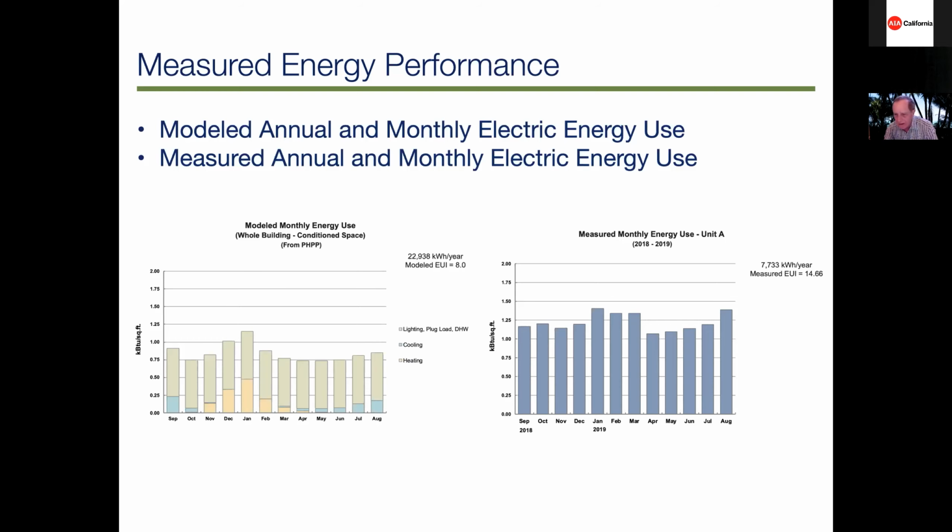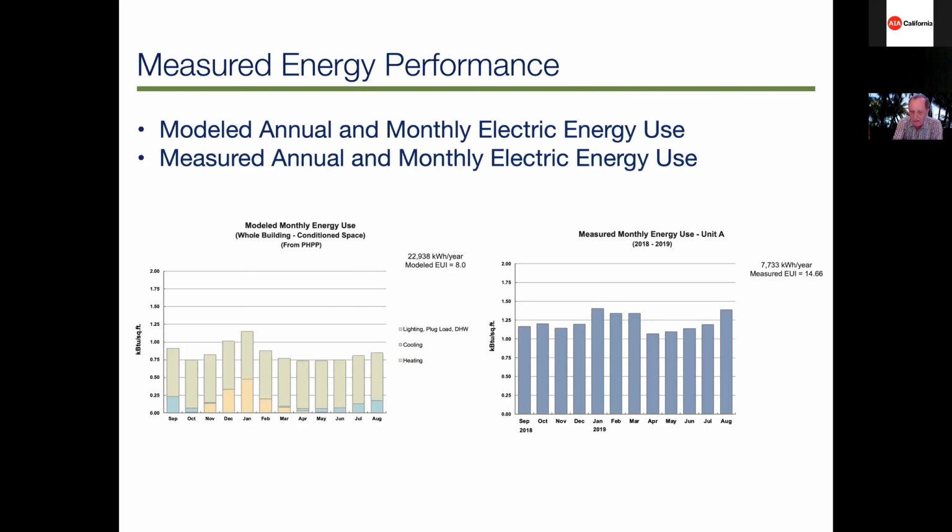If you take 8 kilowatt hours of actual data, the other units performed similarly. That's why I'm not showing them, but they say they are about 8 kilowatt hours per year actual measured. If you multiply times 4, that's 32. So you can see that Passive House modeled at 23, using 32.